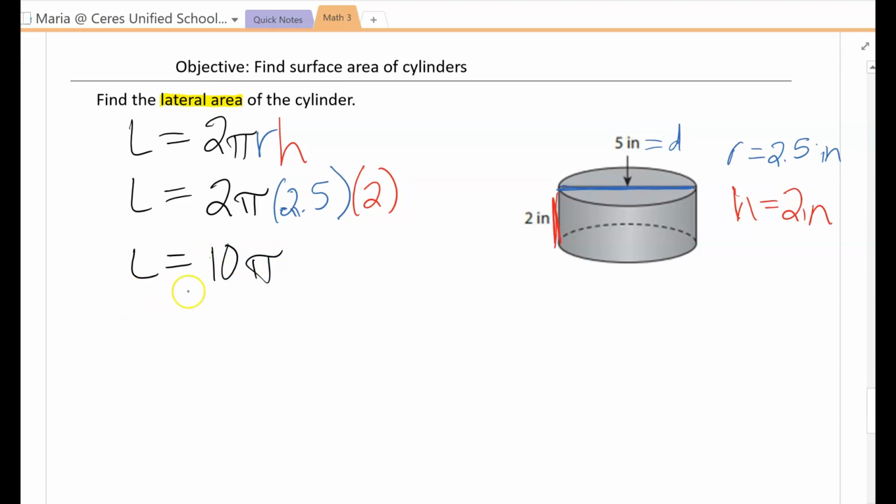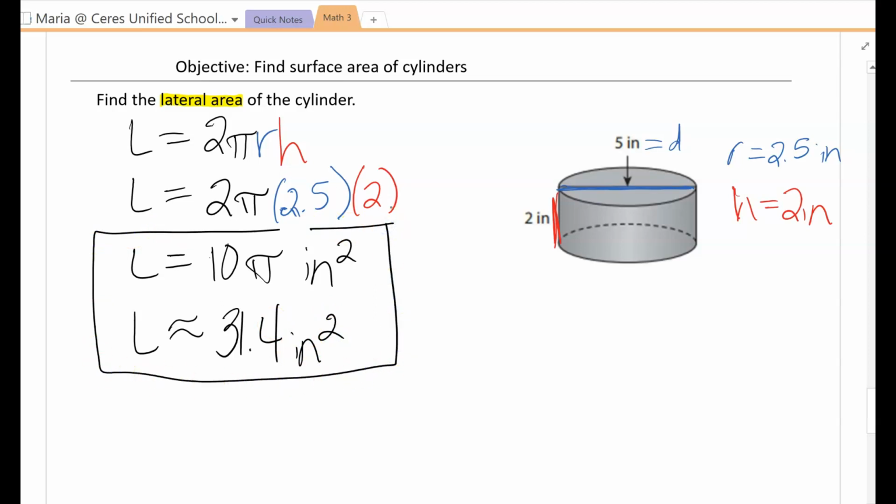Sorry, I forgot my units. This is inches squared for my exact answer. And then my approximate answer, just take 10 times pi. And that's going to give you 31.4 inches squared.